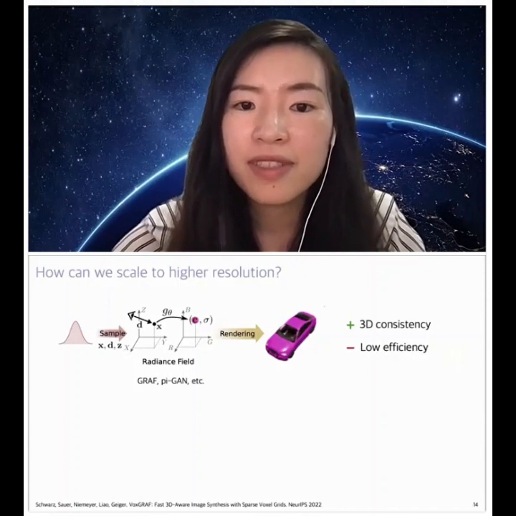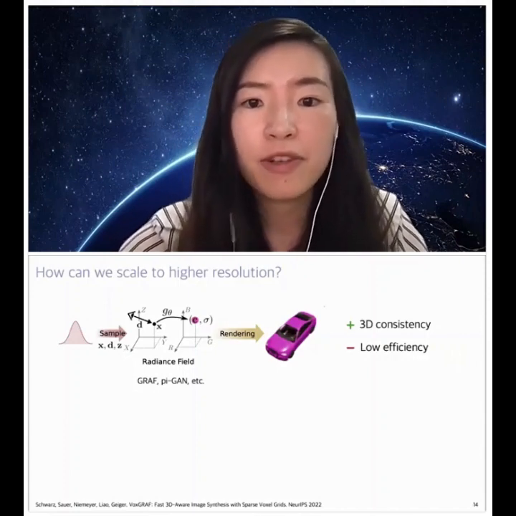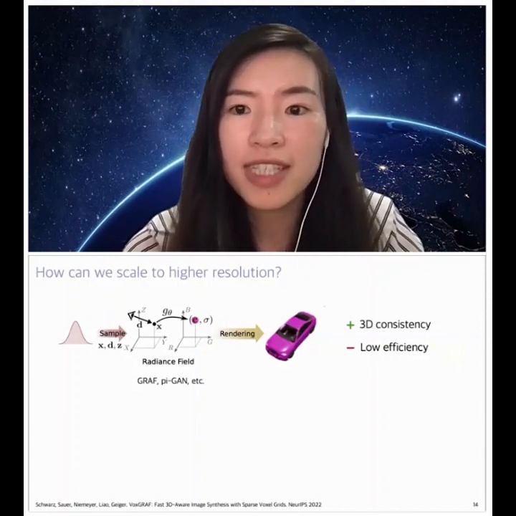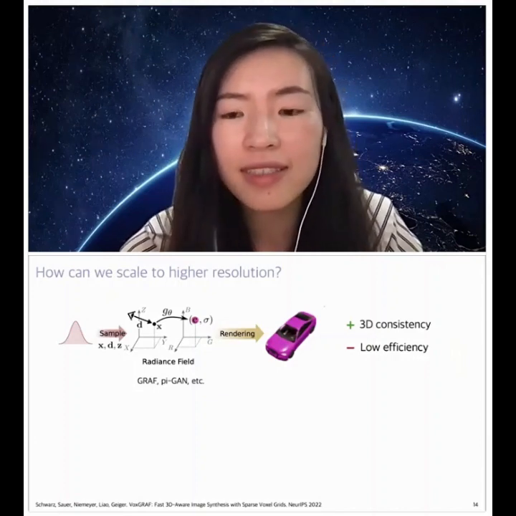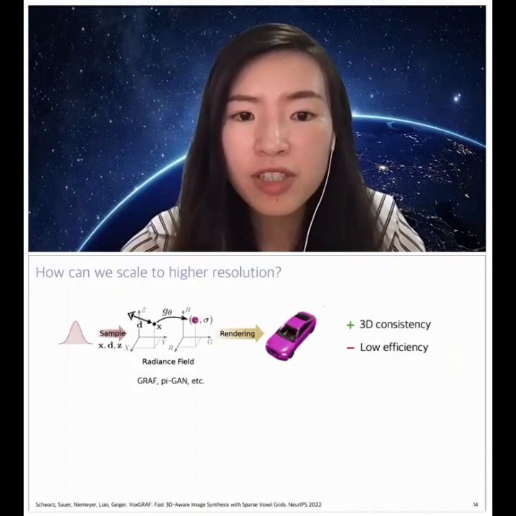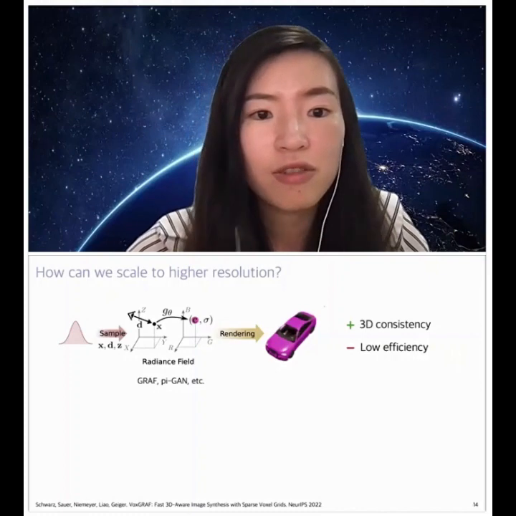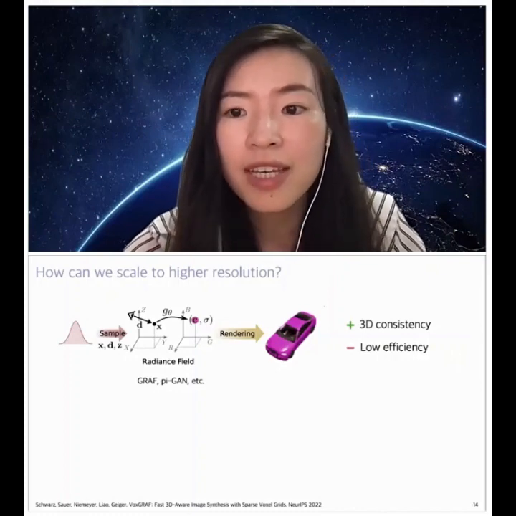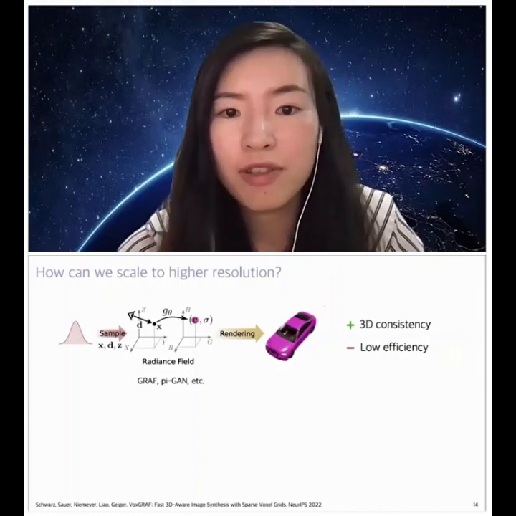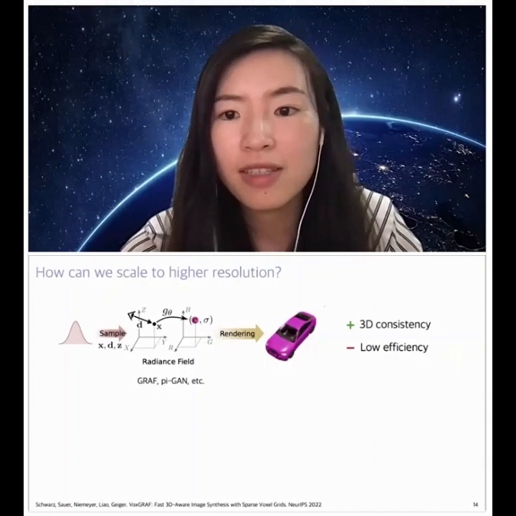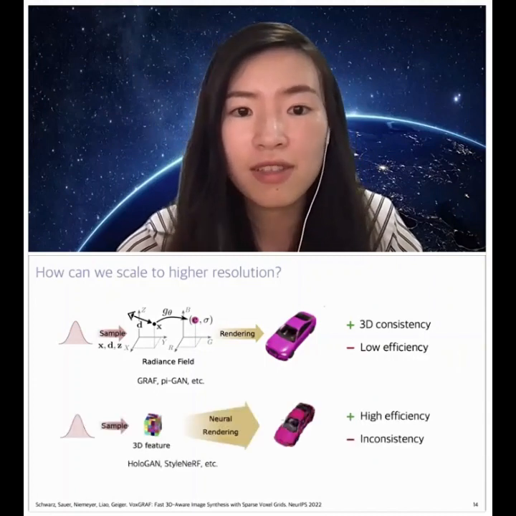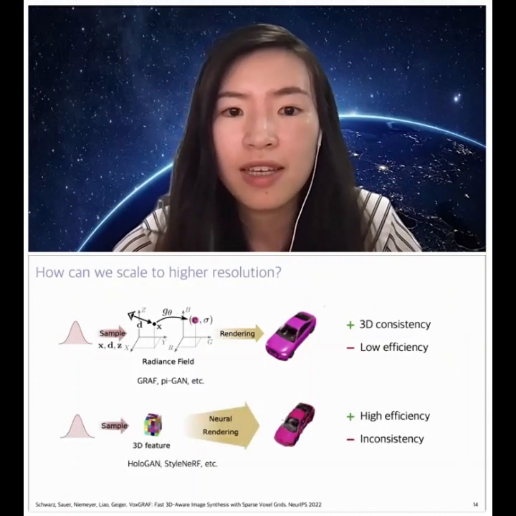And we can render an image using differentiable rendering, which guarantees the 3D consistency by design. However, this parameterization with the large MLP leads to quite slow rendering, which leads to very slow training as well as slow inference. That's why it is very hard to scale this up to high resolution.